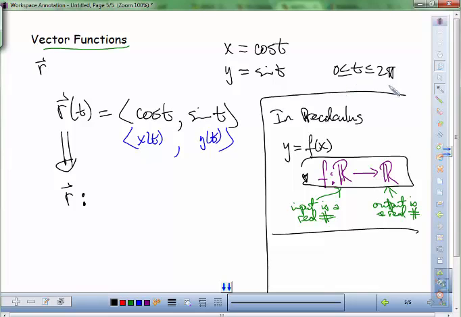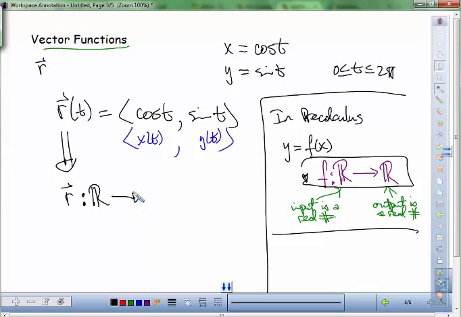Well, I was thinking 0 to 2 pi according to this, but in terms of the grand scheme of things, it's a real number, right? So I get to put in a real number, and that real number, the t, is the real number that I get to put in.